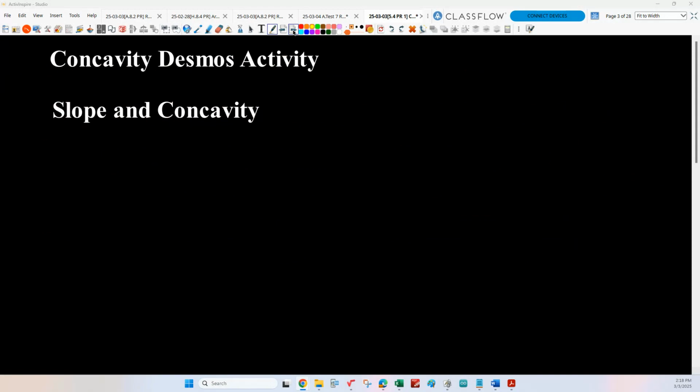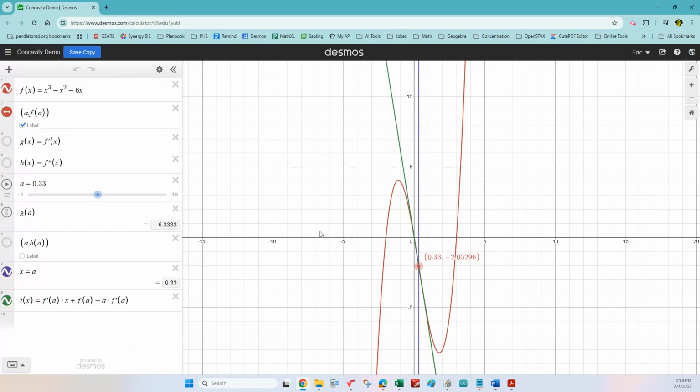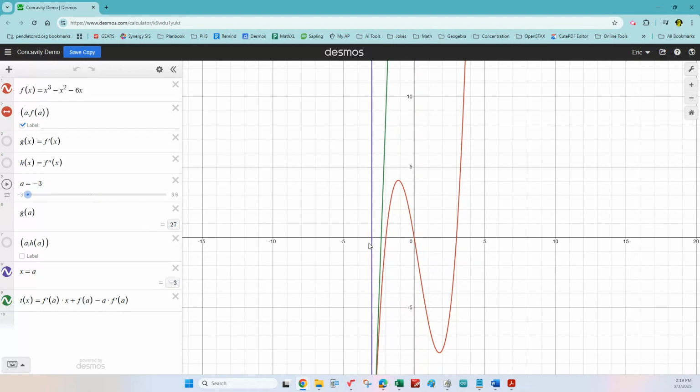So let's explore this with Desmos. So what do we got here? We've got a function, f of x. It's a cubic polynomial right here. And here's a point. You can see the coordinates of the point as I slide this thing across.